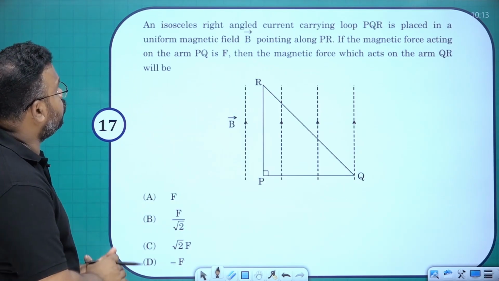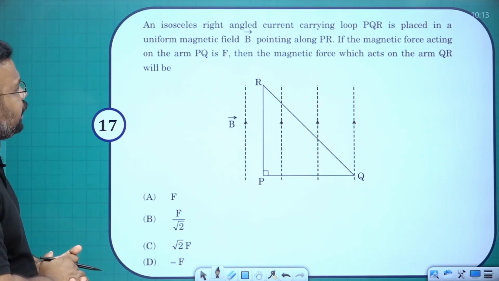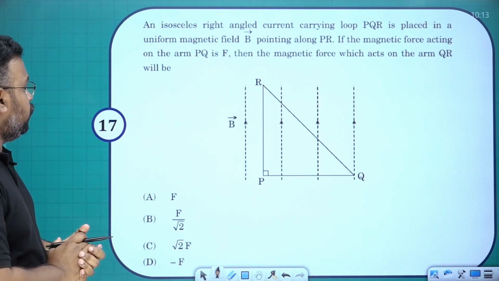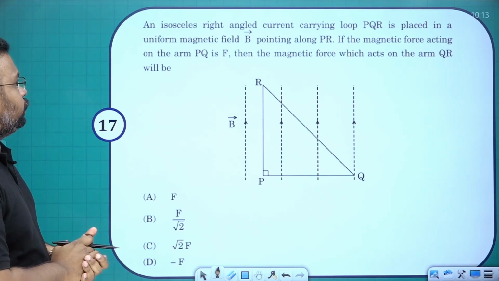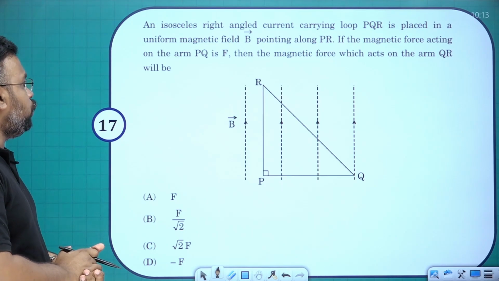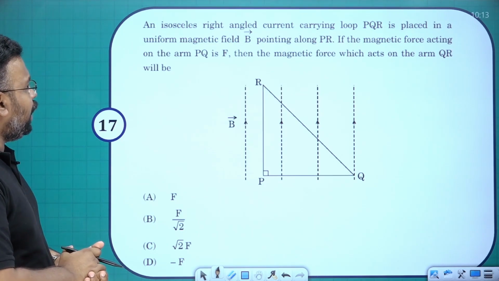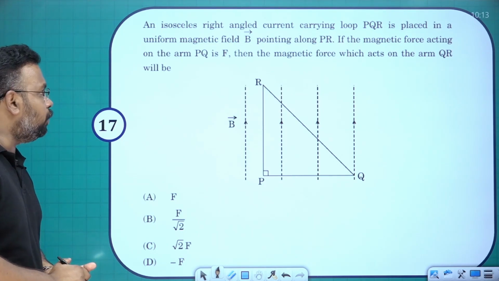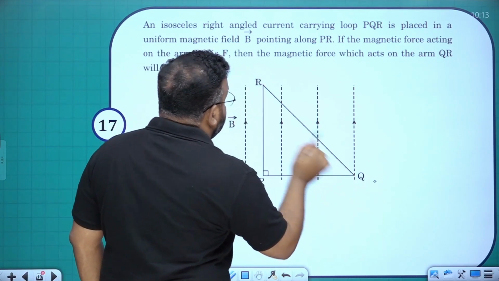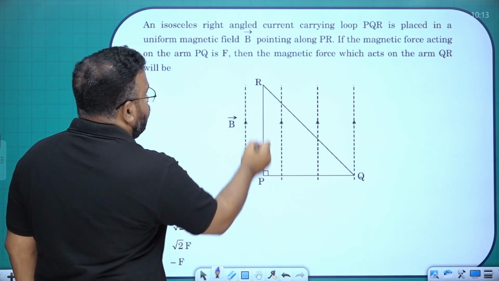Question number 17. An isosceles right-angled current-carrying loop PQR is placed in a uniform magnetic field B, pointing along PR. If the magnetic force acting on the arm PQ is F, then the magnetic force which acts on the arm QR will be. So look at this question. Here, the magnetic field is directed along PR.